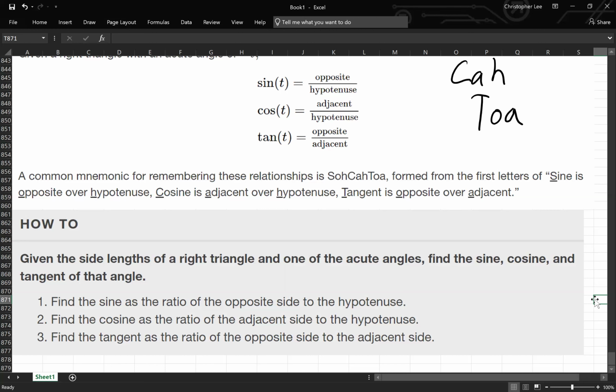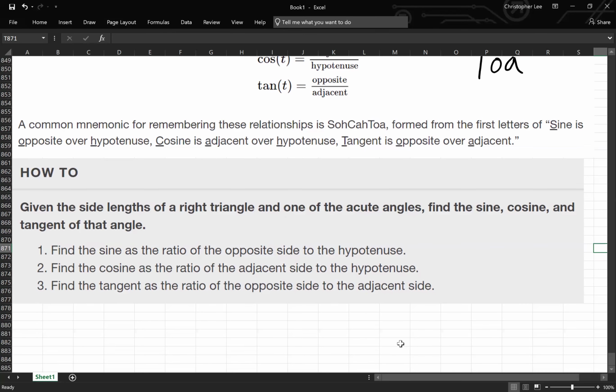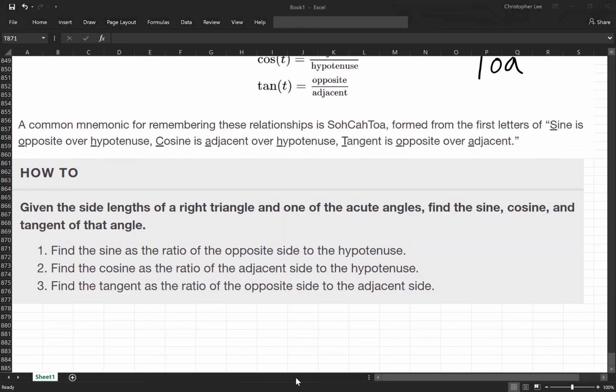Two, find the cosine as the ratio of the adjacent side to the hypotenuse. And three, find the tangent as the ratio of the opposite side to the adjacent side. Basically just telling you SOHCAHTOA again in different ways.